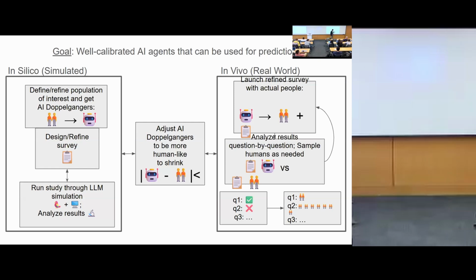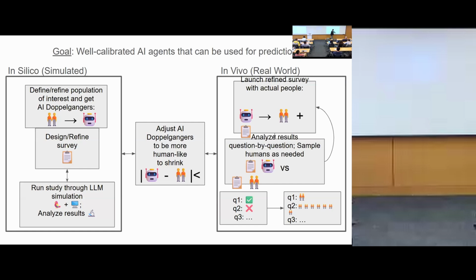And maybe we'll say, well, for this kind of question, the AI and the human totally nailed it. But for question number 2, our models don't do that well, or our agents are bad in some sense, and I have to oversample people to find out what's going on. So I don't have to necessarily take every step that you created with humans. I could, in some sense, dynamically find out when I'm really off.